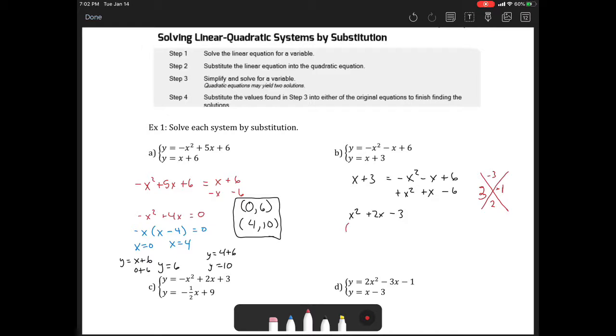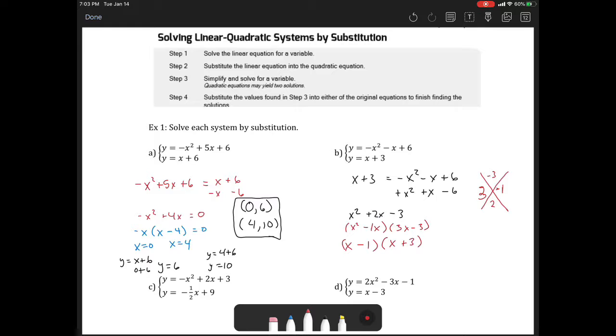So then I'm going to have x squared minus 1x, and then I'm going to have 3x minus 3. Simplify those down, and I'll have x minus 1, and then x plus 3.